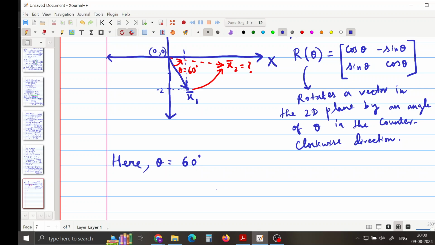So what happens if we rotate the vector x1 in the anti-clockwise direction or the counterclockwise direction by an angle of 60 degrees.